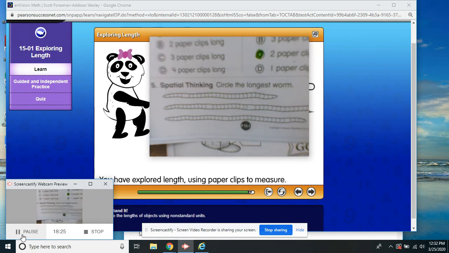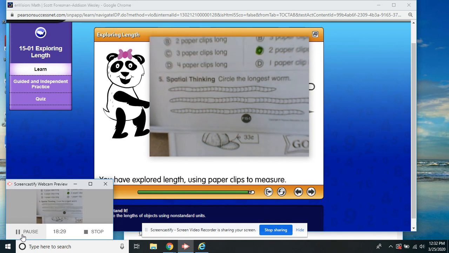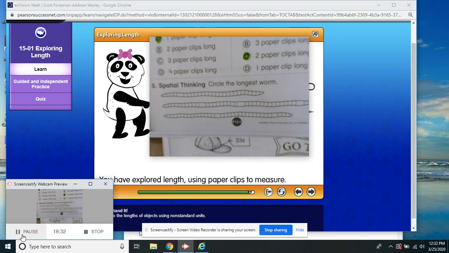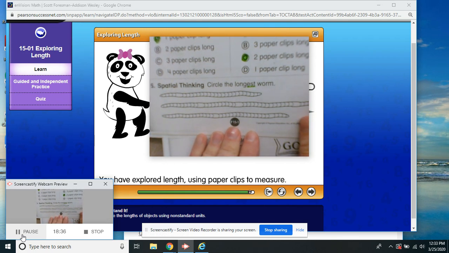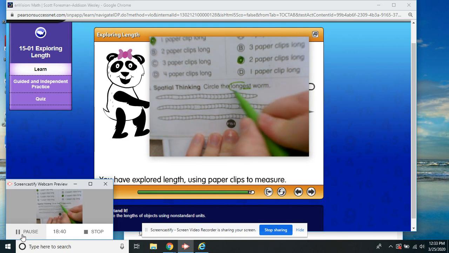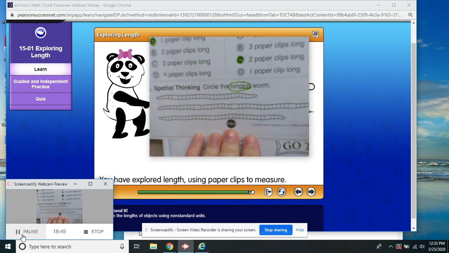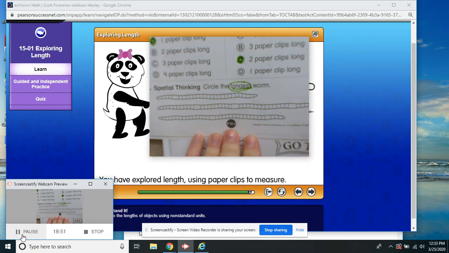Going down to the bottom, circle the longest worm. All right, I want you to recall EST. EST is a suffix, and if we're talking about the longest, that means out of all of the worms that we're comparing, we need to find the longest, not the smallest or the shortest. We need to find the longest worm. All right.